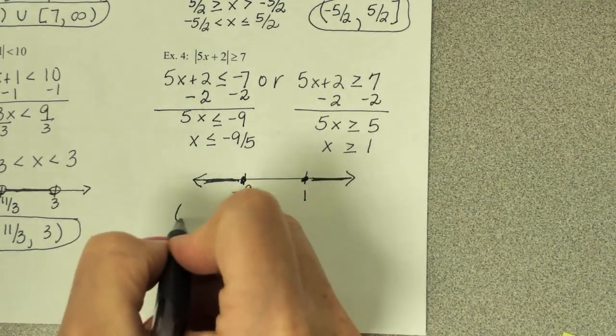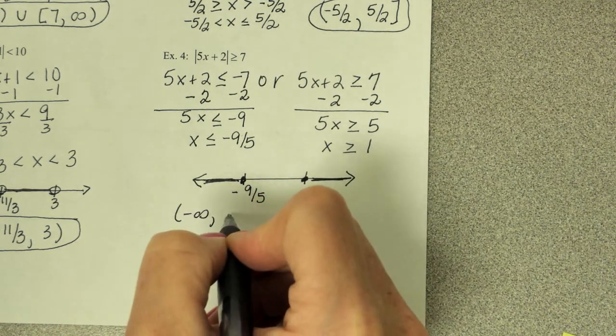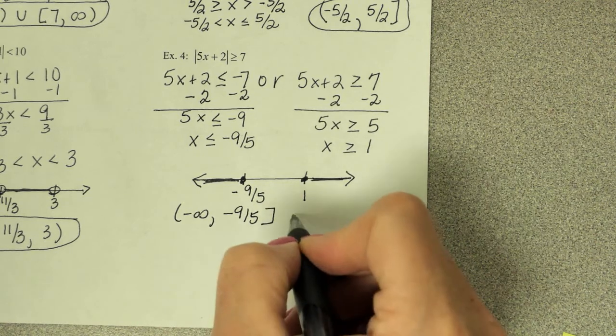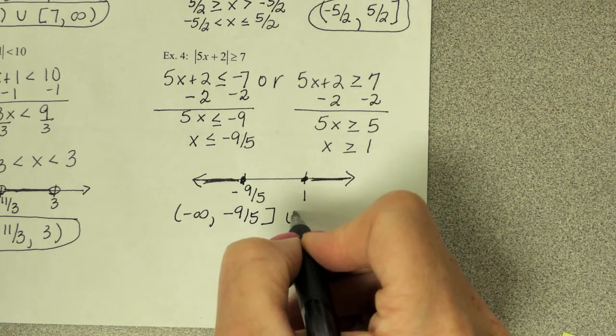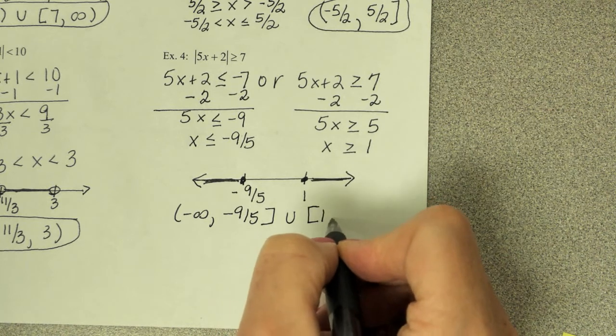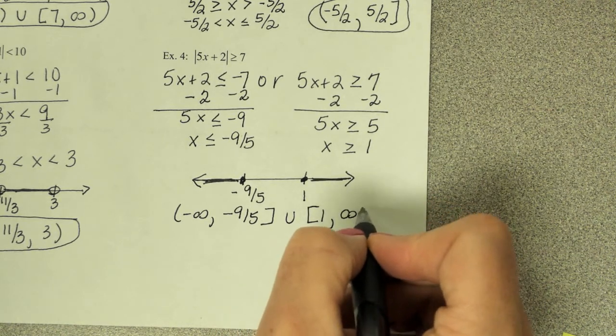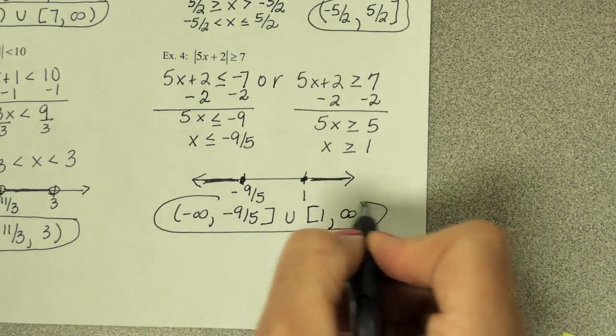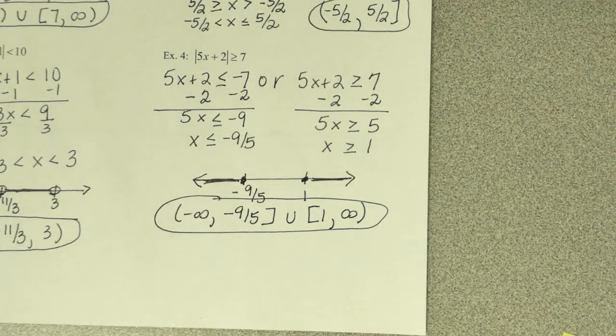Parentheses, negative infinity, comma, negative 9/5, and bracket, and then the or sign, and then bracket 1, comma, infinity, parentheses. Good. That is correct.